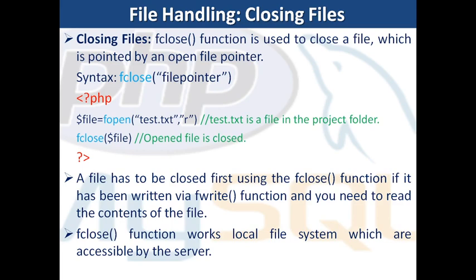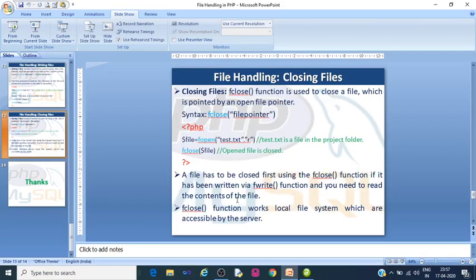But if you write something in the file using the fwrite function, then you cannot immediately read that file. If you want to read that file after the fwrite function, then you have to close it. So we'll just take it again.